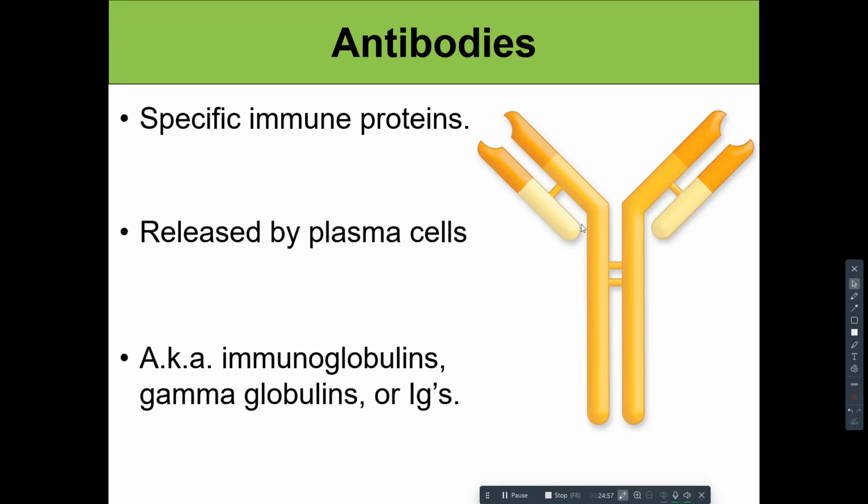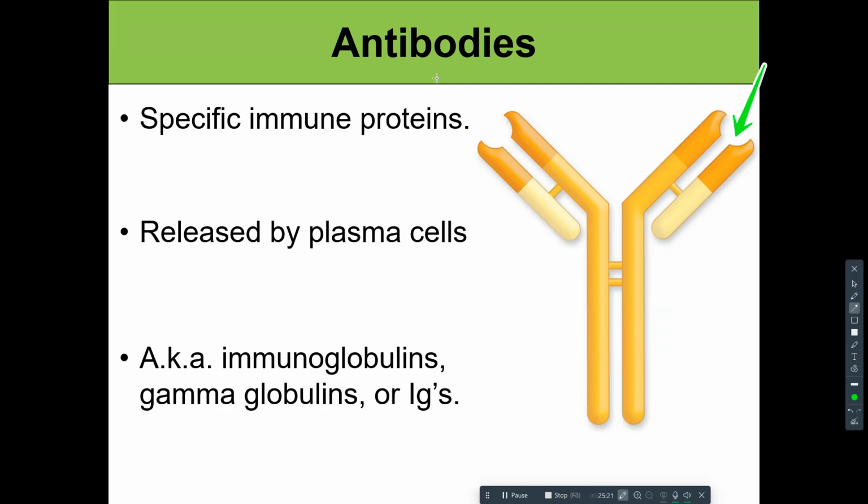An antibody is a Y-shaped specific immune protein released by plasma cells. Antibodies are also called immunoglobulins, or just Igs. They're also known as gamma globulins. Now, antibodies have two spots upon which they can bind to antigens.